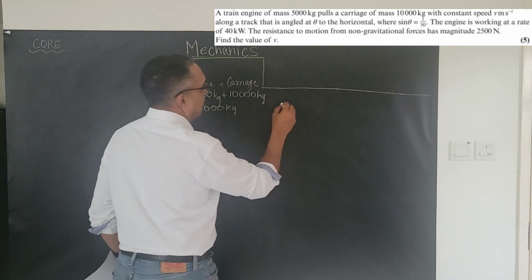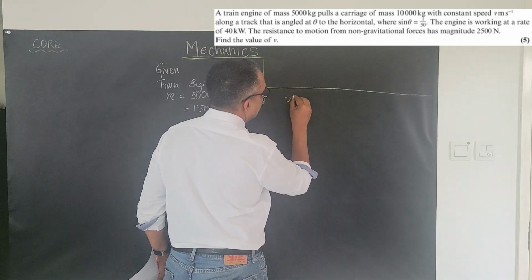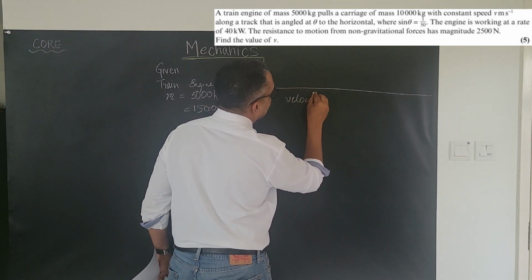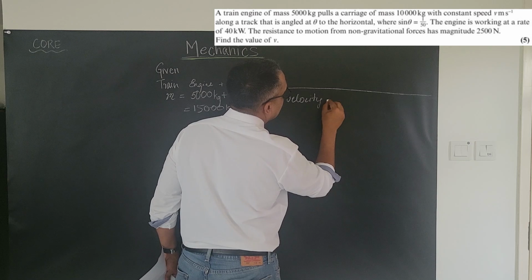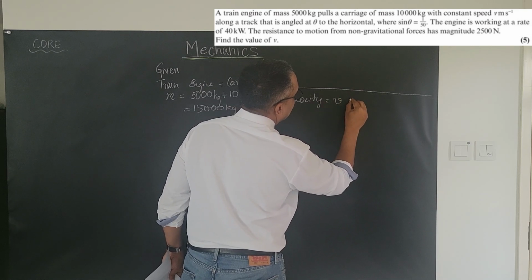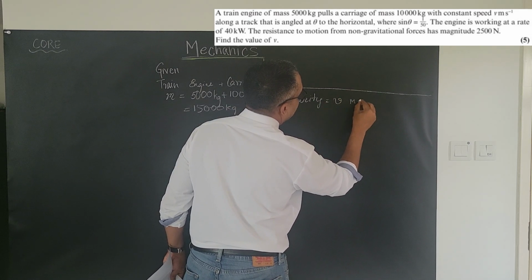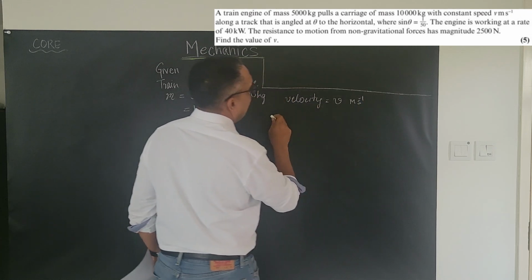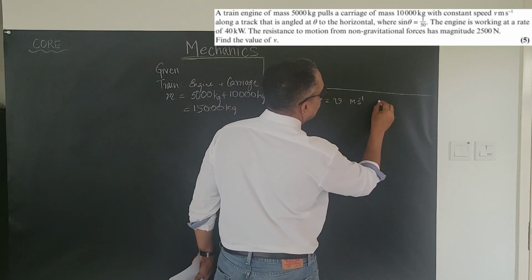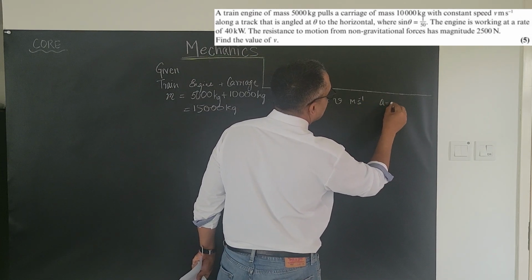We are told that velocity is v meters per second, and it's constant velocity, which means acceleration is 0.